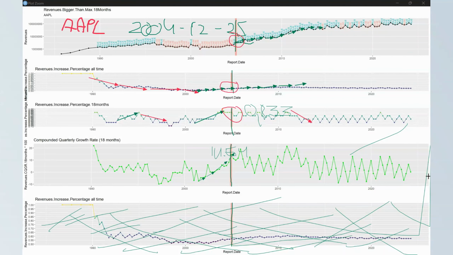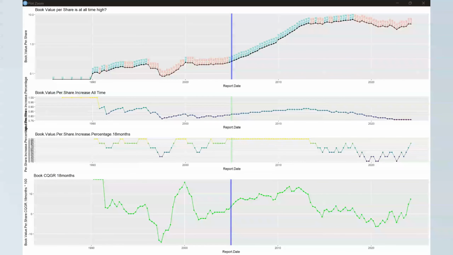Now let's have a look at book value. Let's remember the date was December 25th, 2004, which is here, and here, and we can even see a more comprehensive picture that confirms a really good entry point, and confirms that we can use those metrics to predict the future revenues.